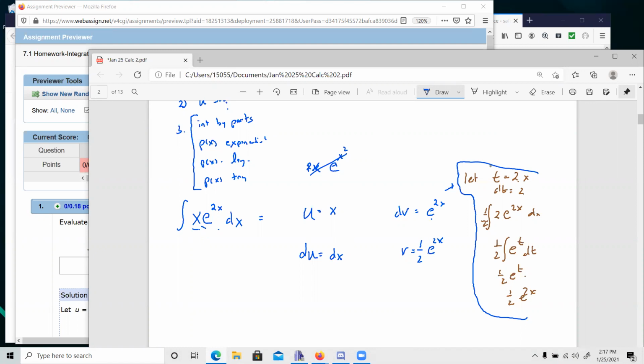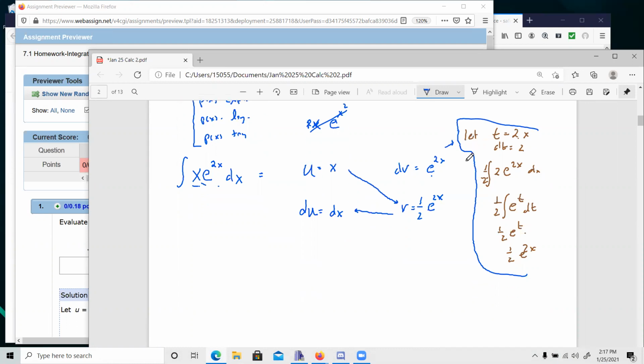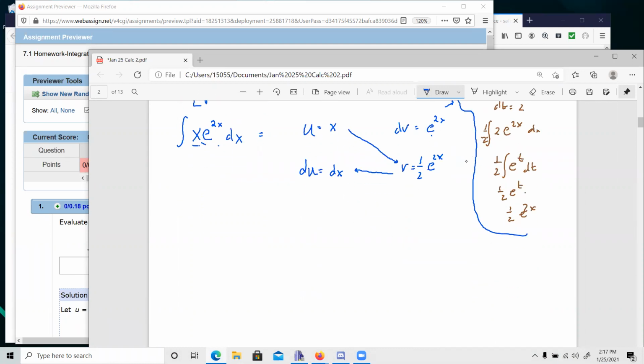All right. So now what we're going to do is we're going to do crossover. And we have our v du integral. Okay. So here's our uv, there it's 1/2 x e to the 2x. You can make it a little bit fancy. Minus integral, 1/2 e to the 2x dx.